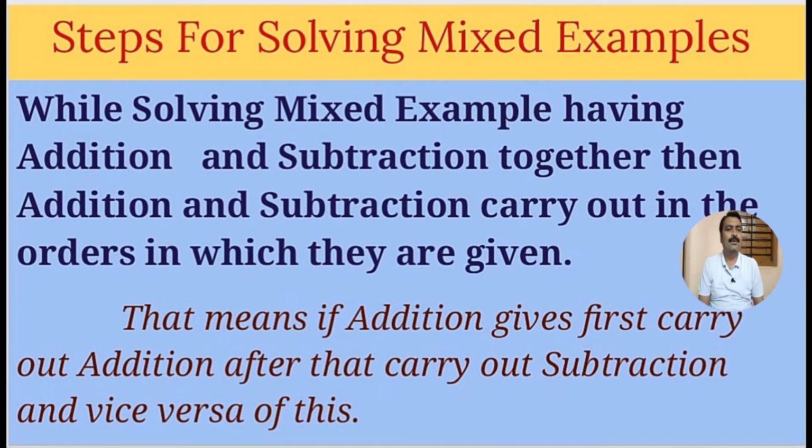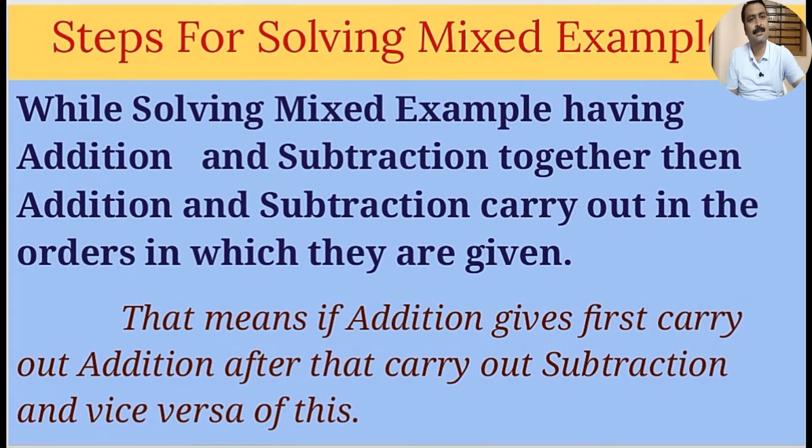Now this is our third lesson on addition and subtraction. So related to the first two basic operations, addition and subtraction, we are going to take the mixed examples. While explaining the steps in this part, I am taking information about addition and subtraction only. So these are the steps, or the important precaution, that we want to take while solving mixed examples.